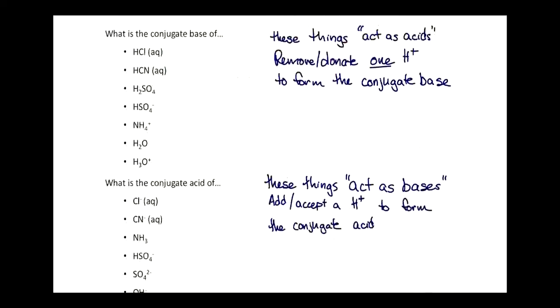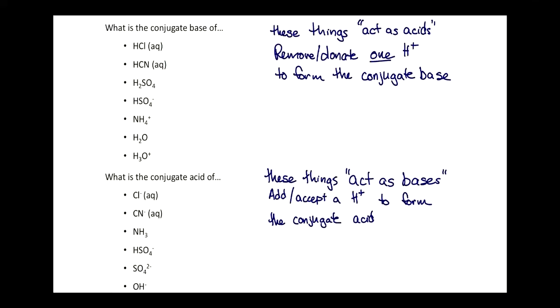Okay, so let's make sure that we can write these formulas and identify conjugates of one another. So tell me, what is the conjugate base of all of these things? It might seem like a lot, but it's not that bad. All we want to recognize with a conjugate base is that when a thing acts as an acid, it donates one H plus.